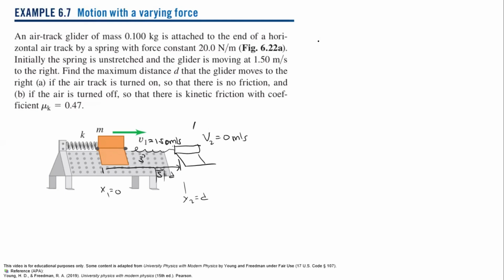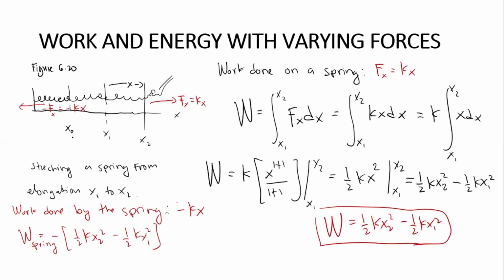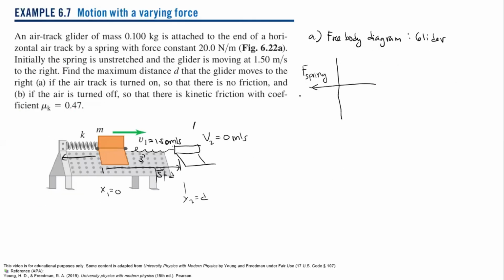If we draw the free body diagram for the glider, we have here a force, of course, the spring force. Going back here, this is the work spring, and this force is equal to negative kx.